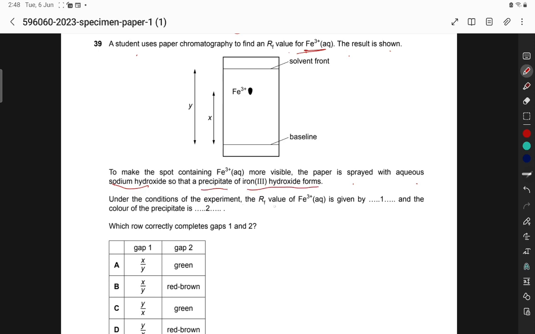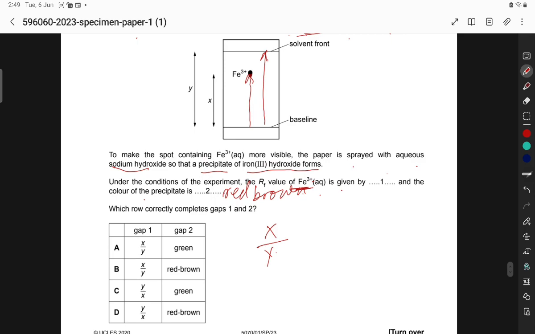Under the conditions of the experiment, the RF value of Fe3+ is given by X over Y, where this is X and this is Y, and the color of the precipitate is red-brown. So X over Y, not green, brown.